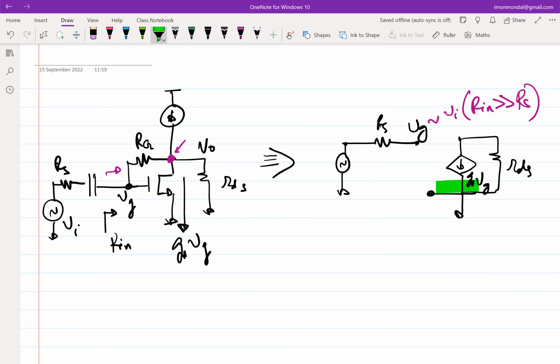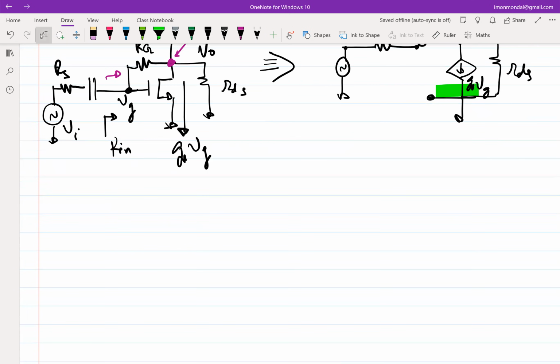Essentially, you'll have to do nodal analysis. If a current comes to this node, it has to decide whether to go right or left, right? So you want everything to go to the right, which means you have to figure out the impedance looking to the left and the impedance looking to the right, and the impedance looking to the left should be much higher, right? So how will you figure that out?